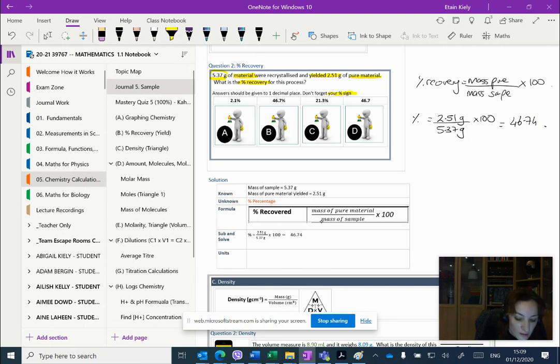You have to include this in your answer in Moodle. And it also wants it just to one decimal place. So the percentage is going to be equal to 46.7%. So that's the percentage recovery question.